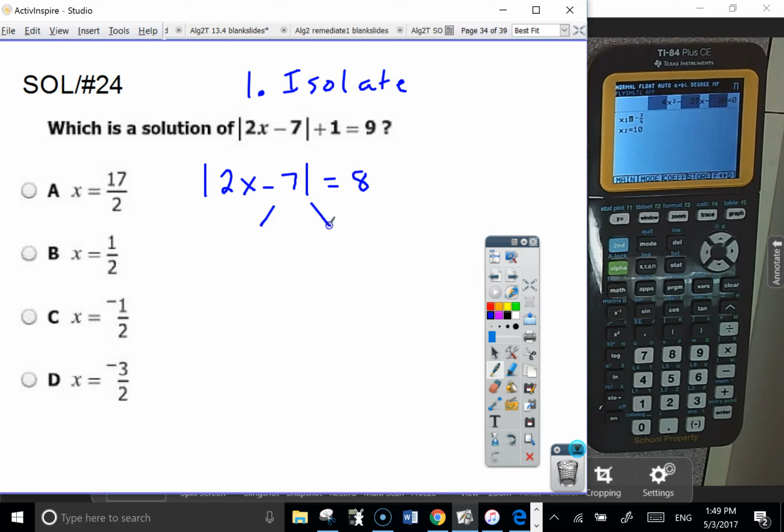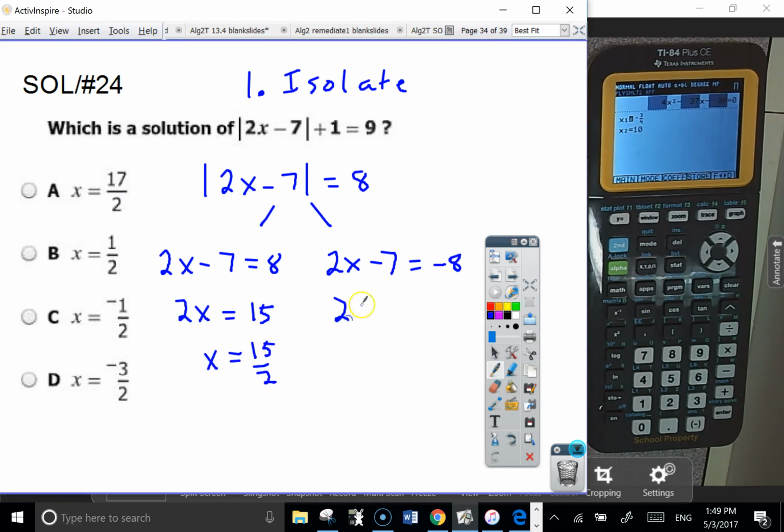And then what do you do with an absolute value equation? 2x minus 7 equals 8. 2x minus 7 equals negative 8. Solve them both. 2x equals 15, x equals 15 halves. 2x equals negative 1, x equals negative 1 half. And there's your answer.